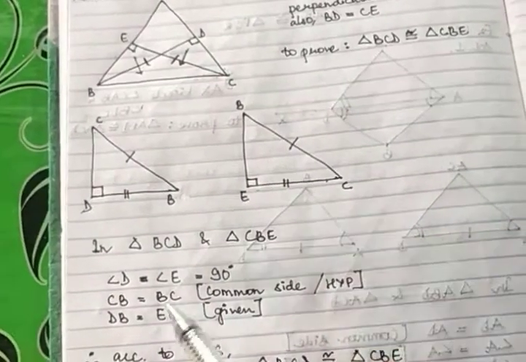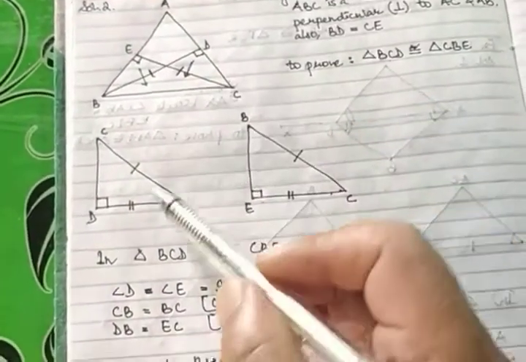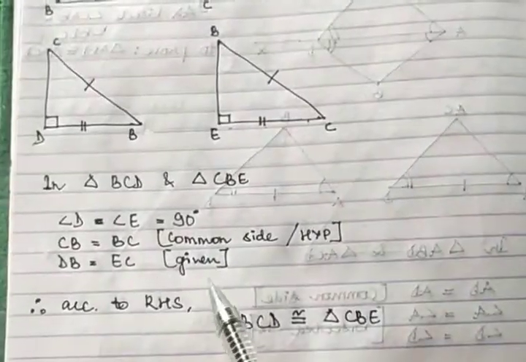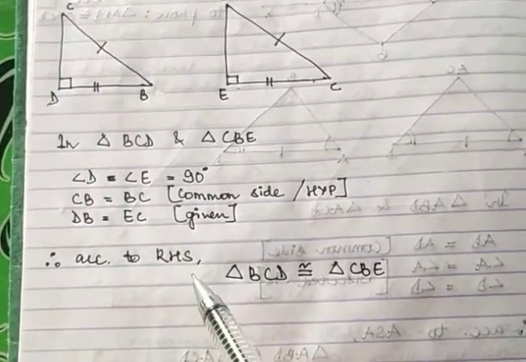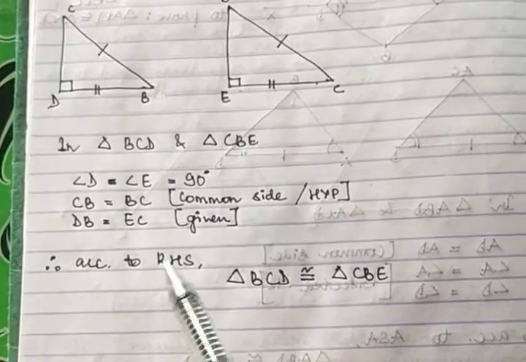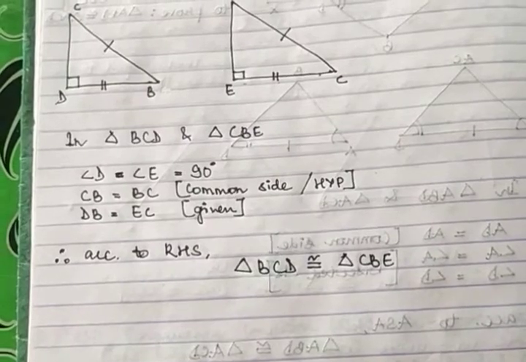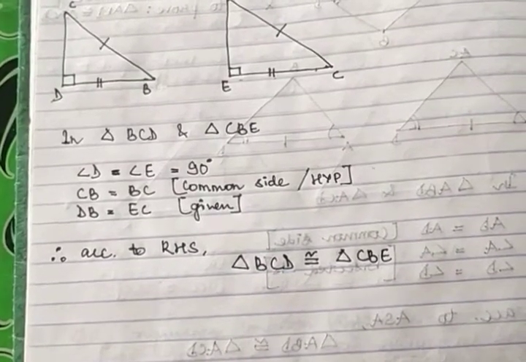Then DB equals EC, it was given. Now according to RHS, that is right angle hypotenuse side, we know triangle BCD is congruent to triangle CBE.